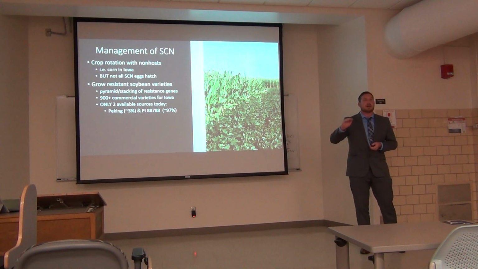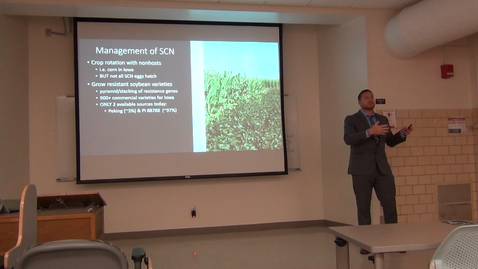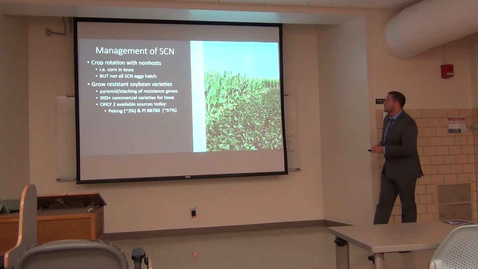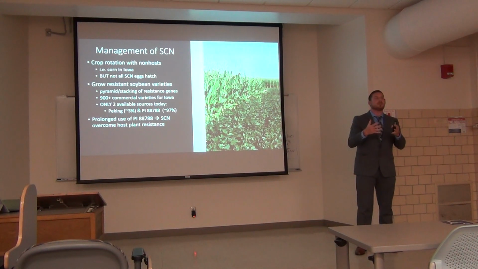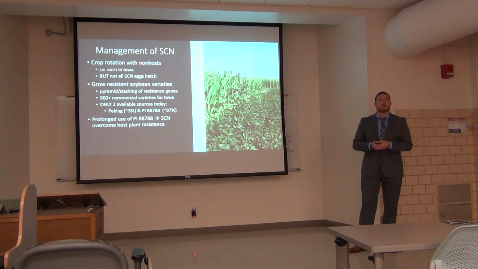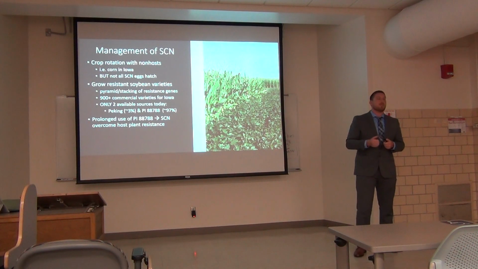These are just lines that were found in the plant introduction lines back in the 60s when the soybean cyst nematode was first discovered. So prolonged use of PI88788 has led to the soybean cyst nematode in the field being able to overcome a lot of this resistance, and these plants aren't as effective anymore.